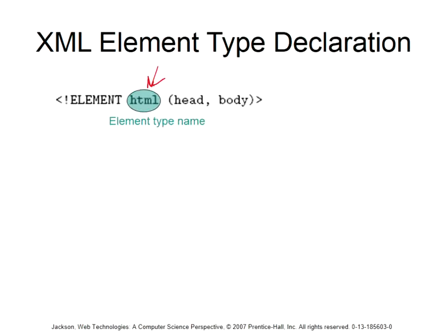This is an example of an element type declaration. So here we declare the HTML element. Okay, so in the DTD we find an element like this. After that HTML, after that head and body. Can you give me the meaning of head body like this?